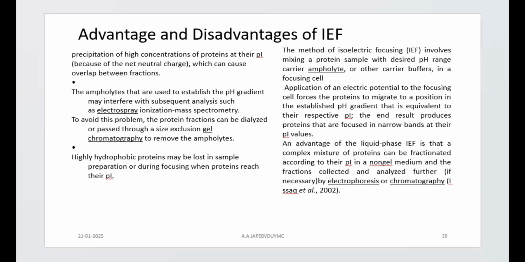The ampholytes that are used to establish the pH gradient may interfere with the subsequent analysis when you are going with electrospray ionization for mass spectroscopy. So ampholytes may interfere with the process.